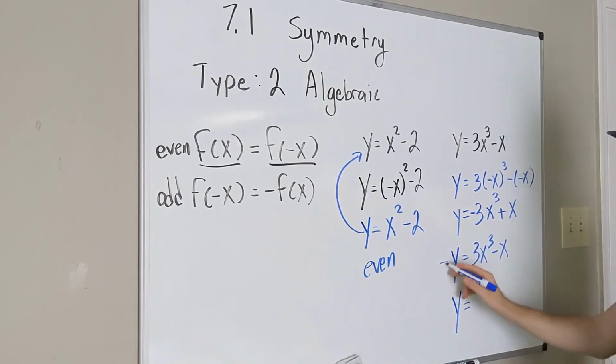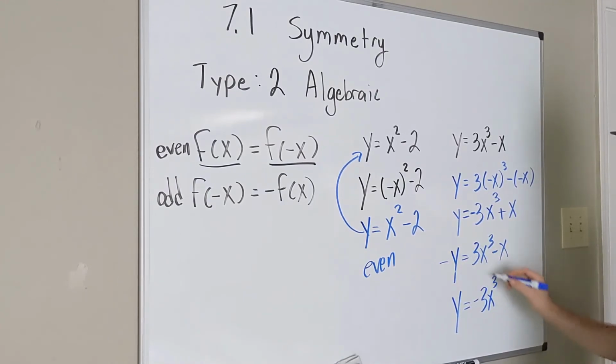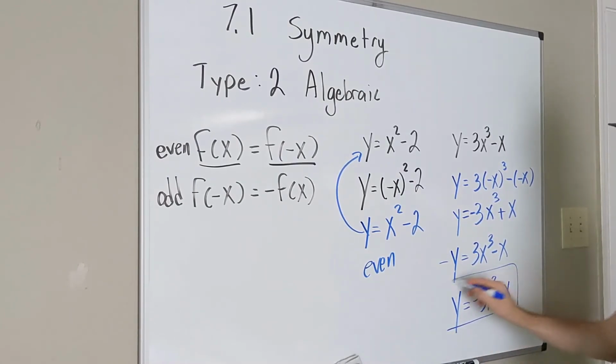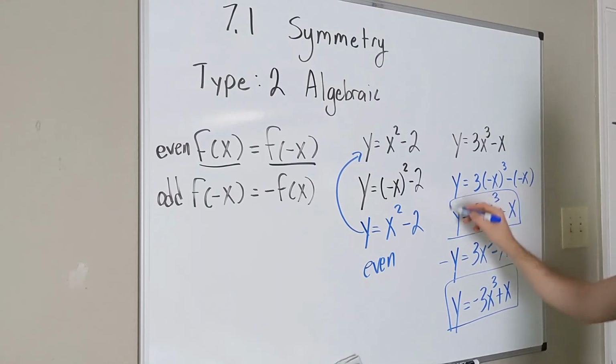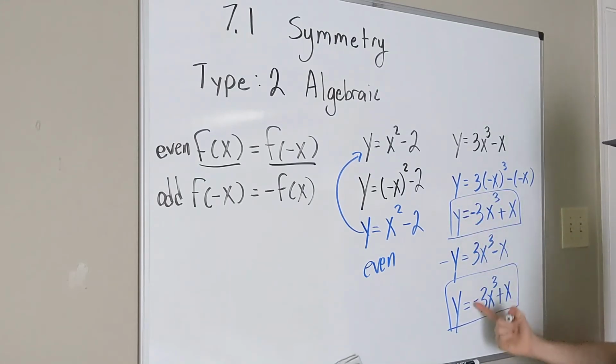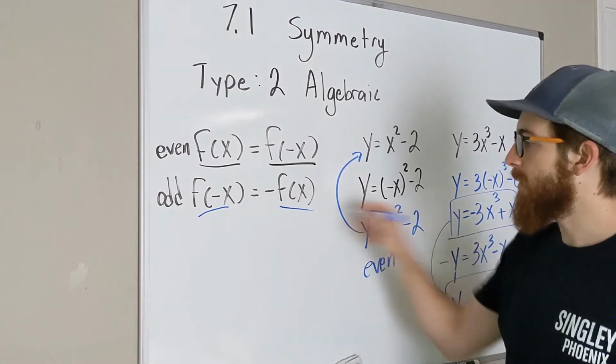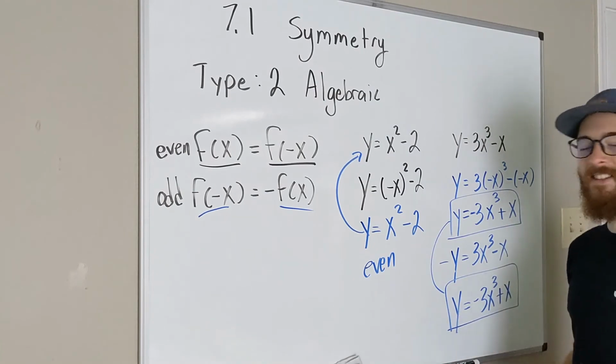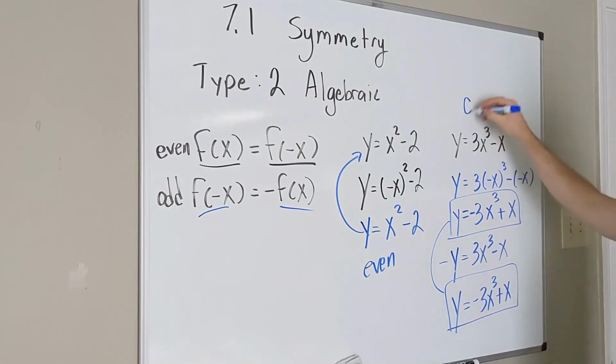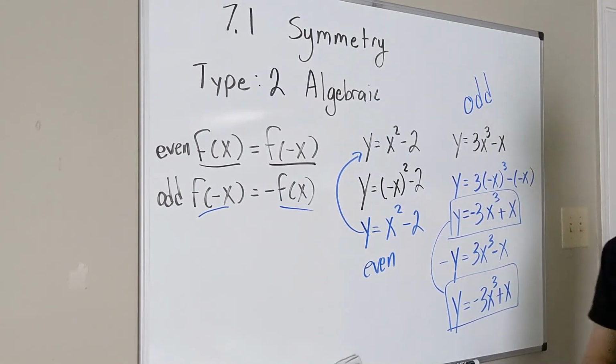So y equals negative 3x cubed, and then negative times negative x is a positive x. So does this thing match this thing? Negative, negative, positive, positive. These two match, which means this equals this. And that is an example of an odd function.